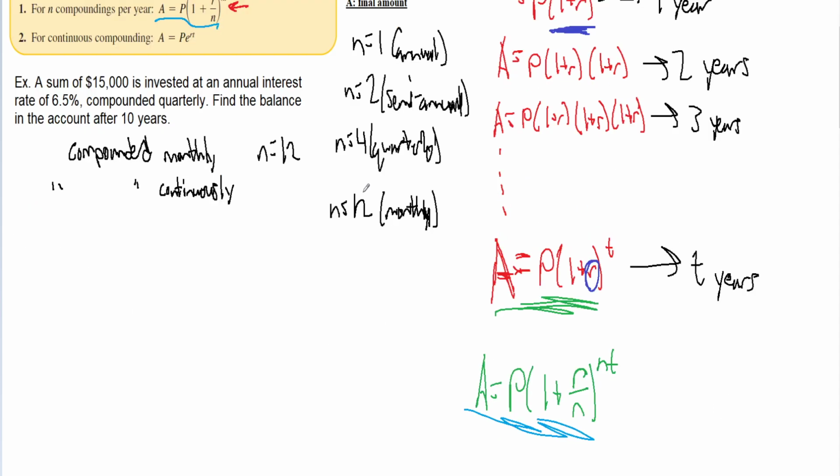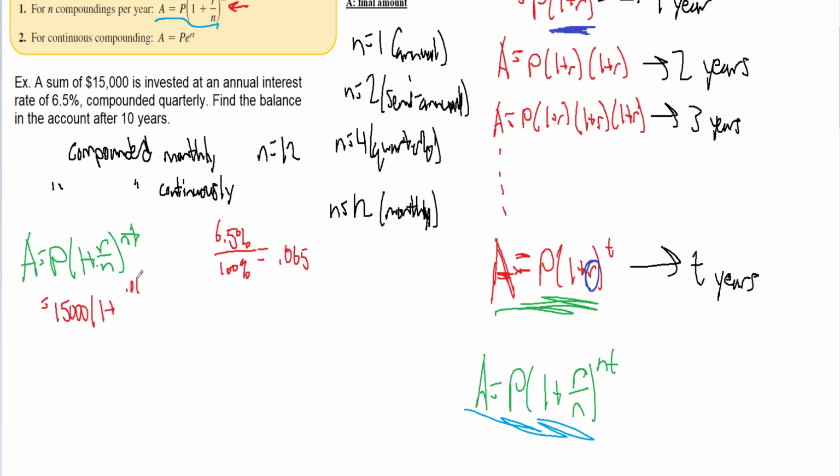So all we do is take equation 1, which is written in green. We have A equal to P times 1 plus R divided by n, raised to the nt, and we just want to substitute our values. P is equal to that 15,000. So we have 15,000 times 1 plus R, which is 6.5%, but we have to convert that to a decimal. So 6.5% divided by 100% gives us a decimal of 0.065.